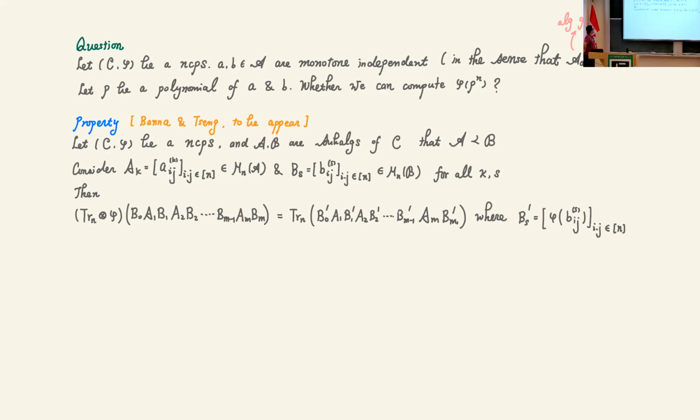So first, let's introduce a proposition. As long as you have a non-commutative probability space, and two subalgebras of C, where we assume A and B are monotone independent, then we have such a result.